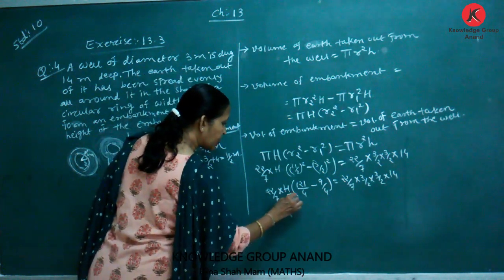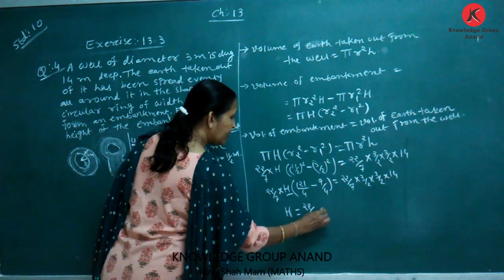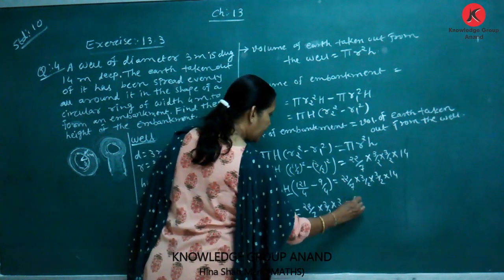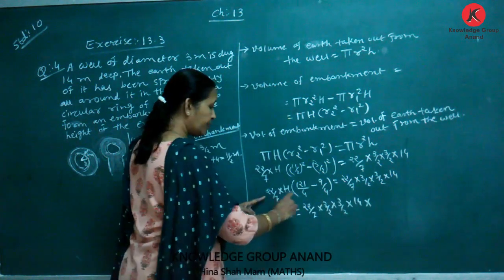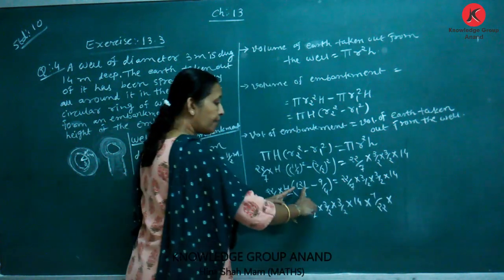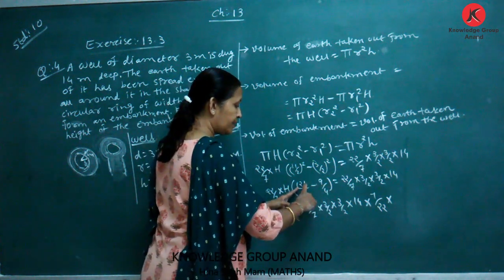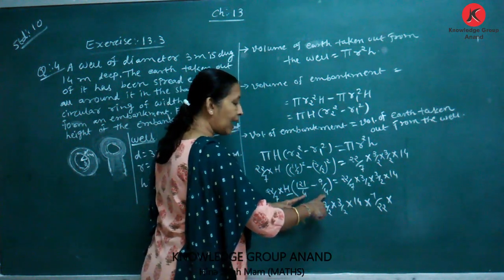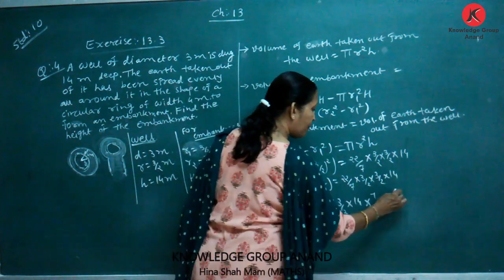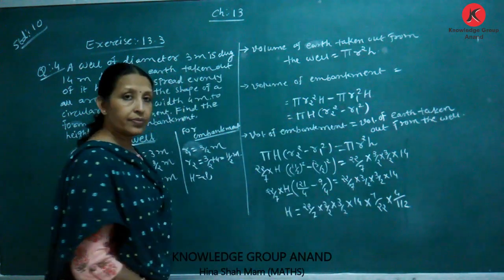h is equal to 22 by 7 into 3 by 2 into 3 by 2 into 14 into 7 by 22 into the reciprocal of the difference. 121 minus 9 is 112 by 4, and its reciprocal is 4 by 112.